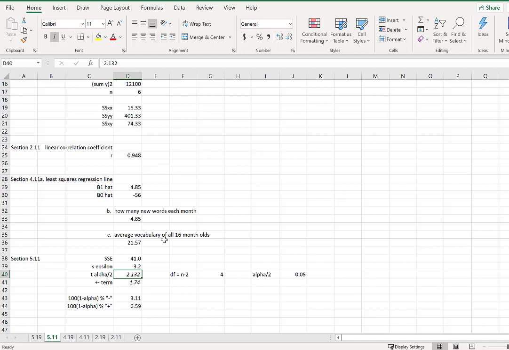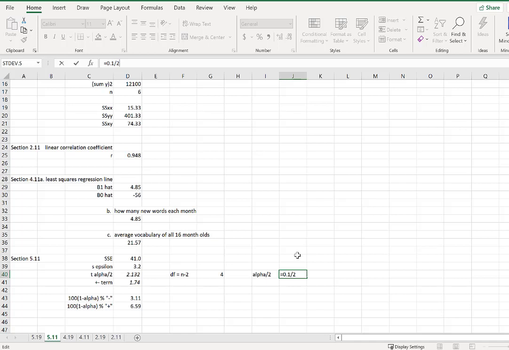Okay, so those are some of the terms I needed. I'm going to have to look up my t at alpha over 2. I've got that noted here. We'd written over on the other page that alpha was 0.1, and that's divided by 2, so alpha over 2 is 0.05, which some of us can do in our heads, but I've calculated it out there just to have it.